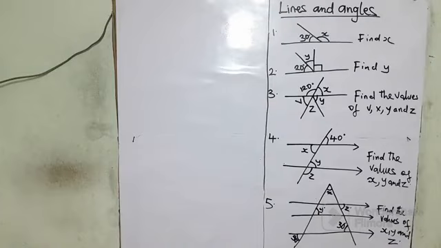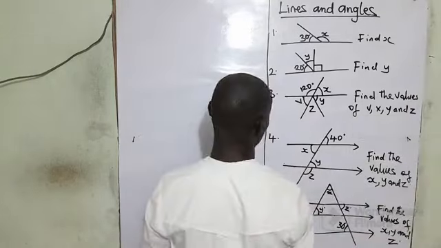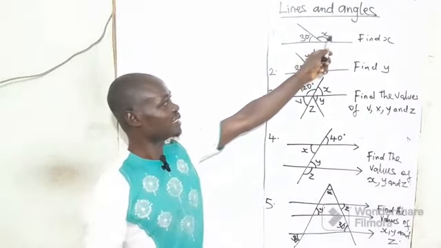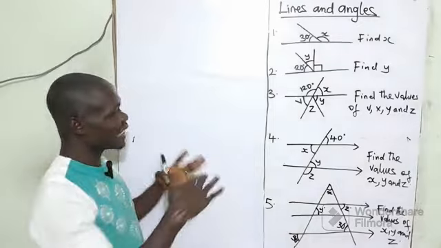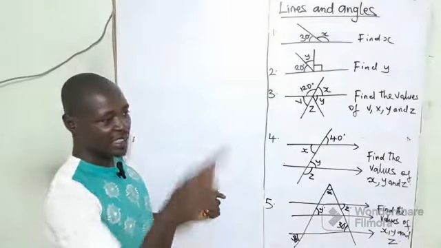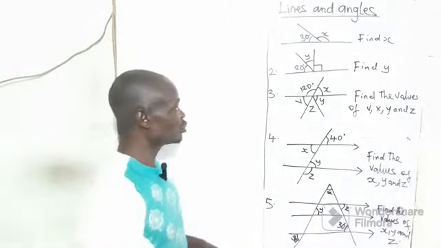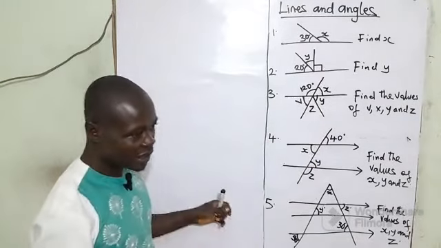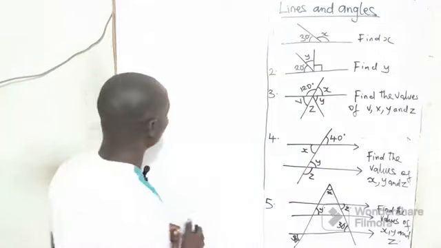From the diagram, another angle is 30 degrees and this is x degrees. So x degrees and 30 degrees are angles on a straight line, and that is equal to 180 degrees.